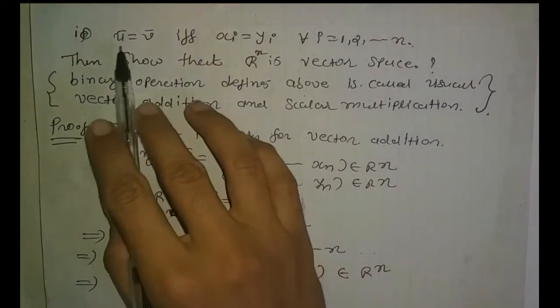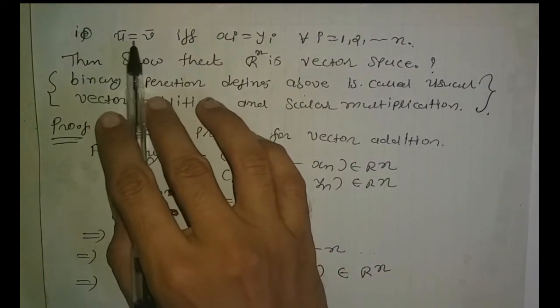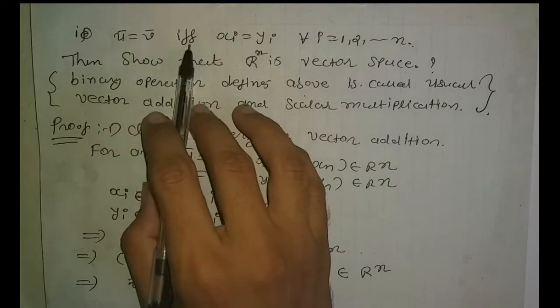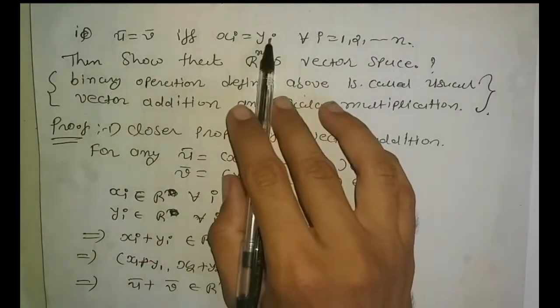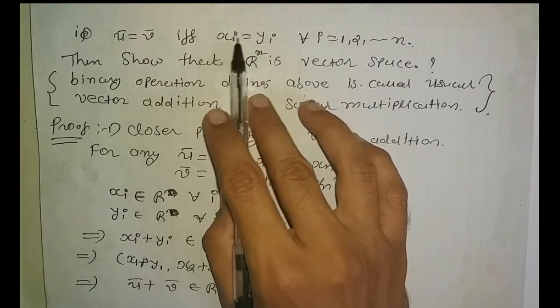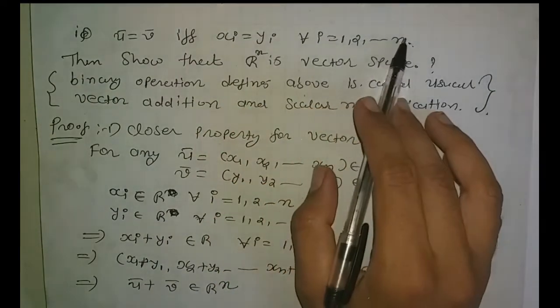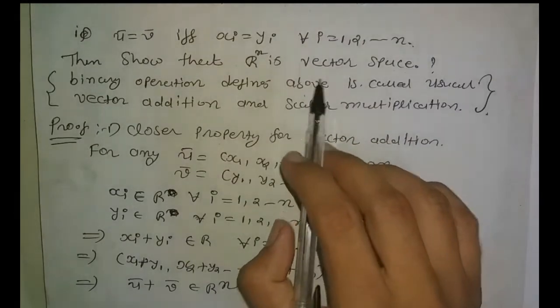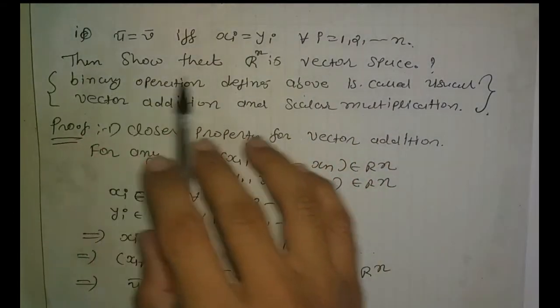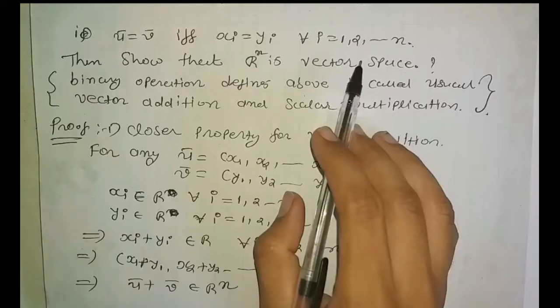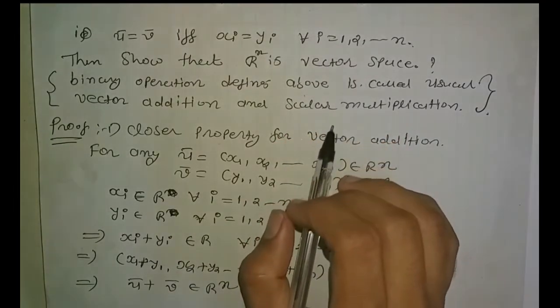Now when u bar is equal to v bar, these two vectors are equal if and only if each coordinate is equal. This means xi is equal to yi for all i running from 1 to n. Now our aim is to prove Rn is a vector space with the given binary operation.